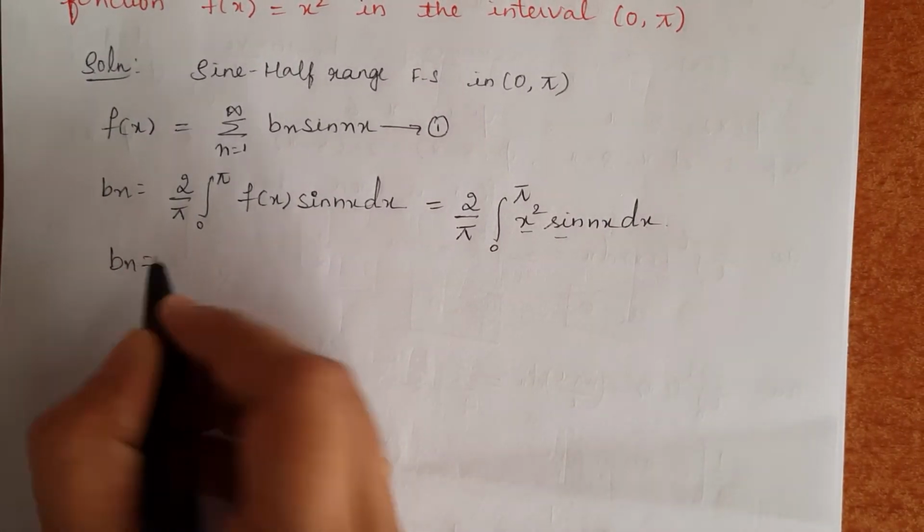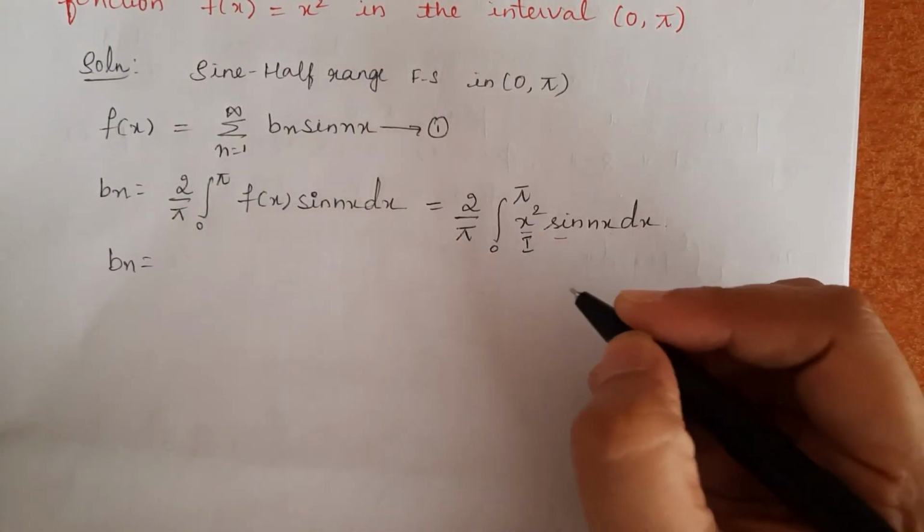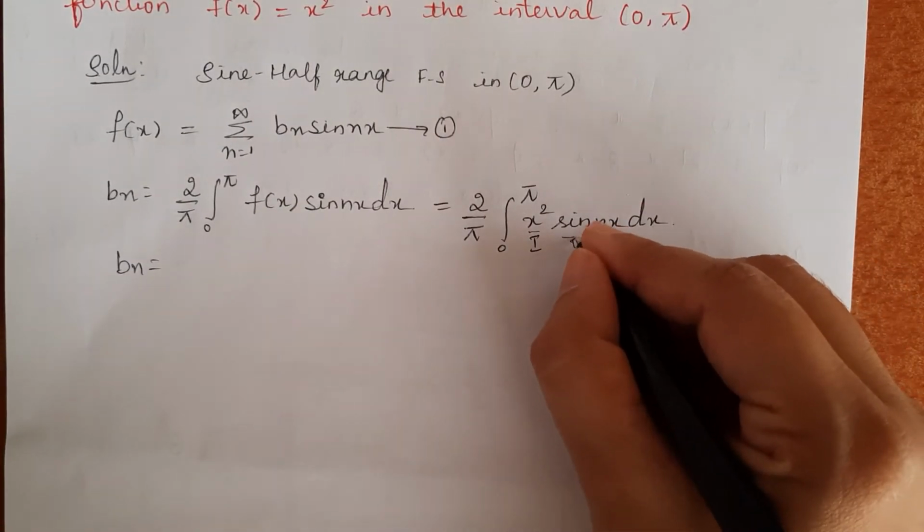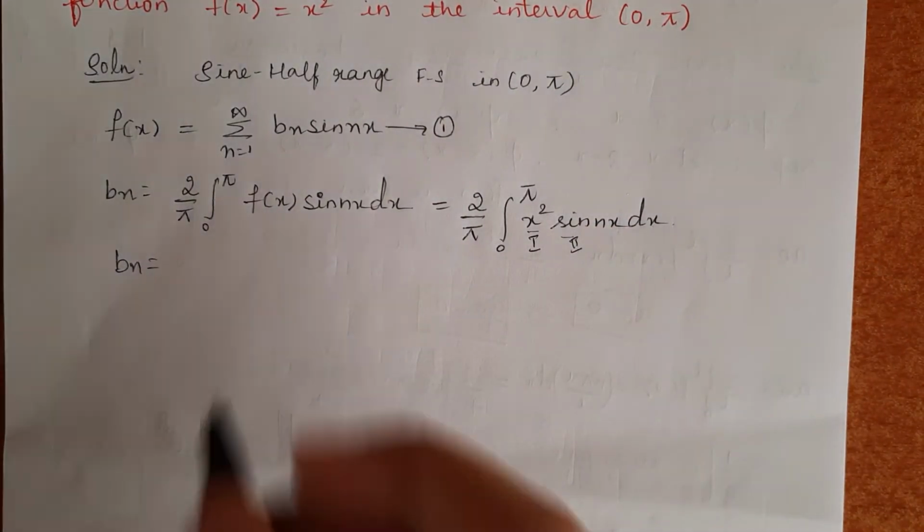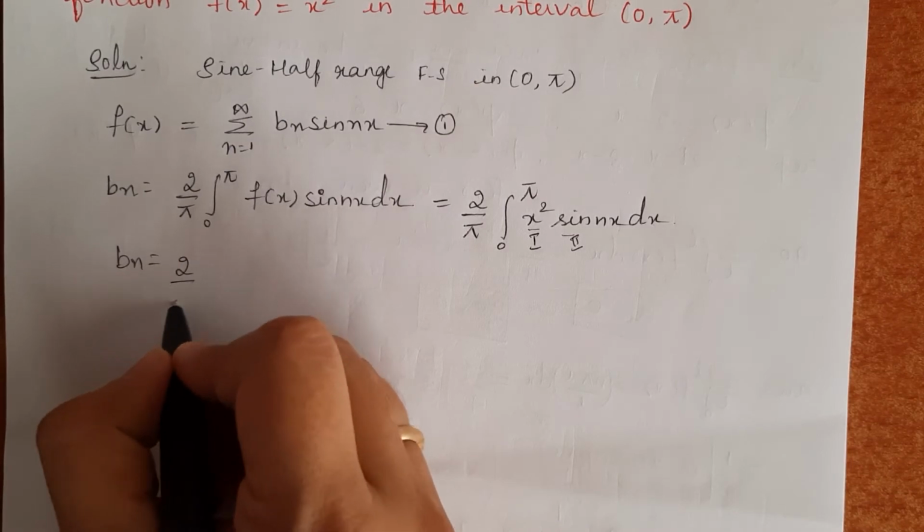So Bn is, here the first function is x square because it is an algebraic function, and sine nx is the second function. So 2 by pi we will keep as it is.